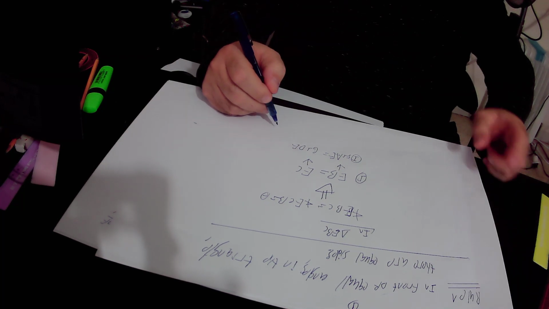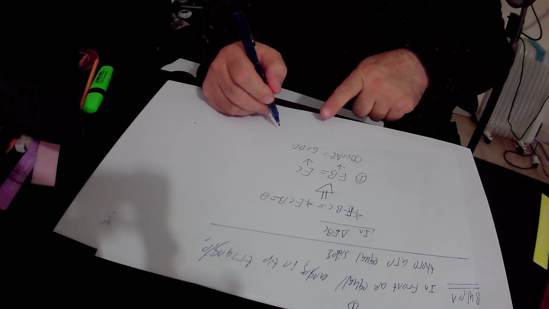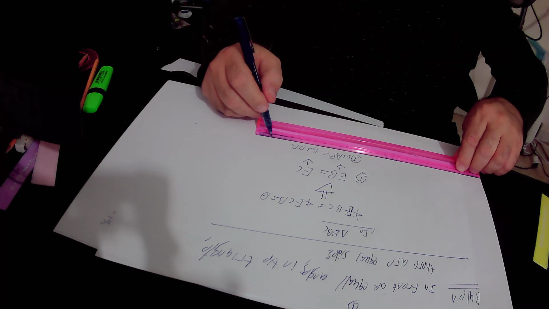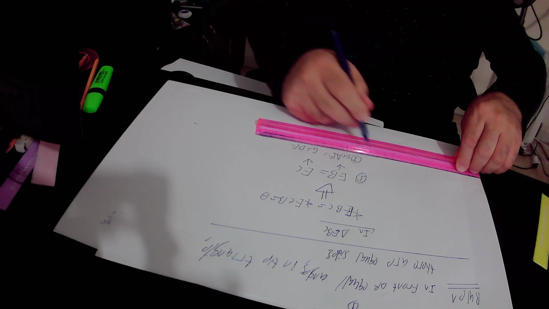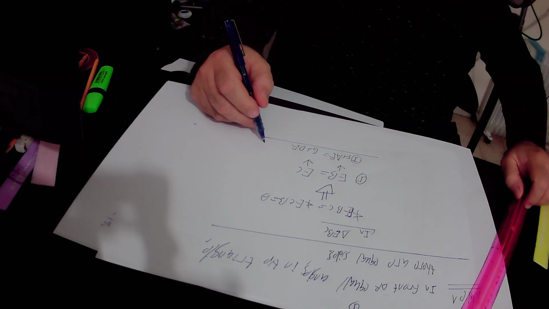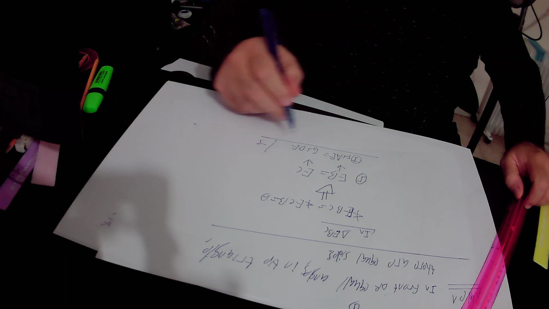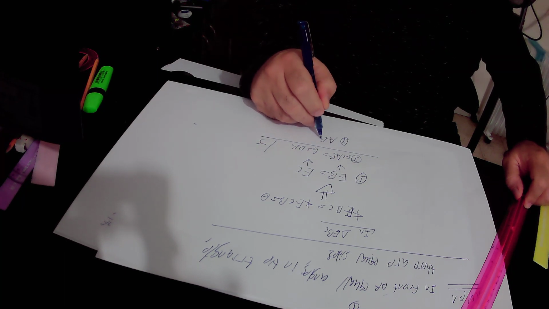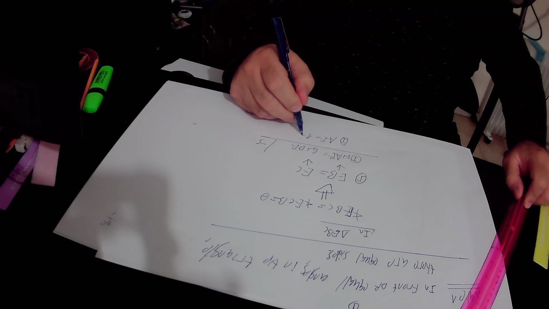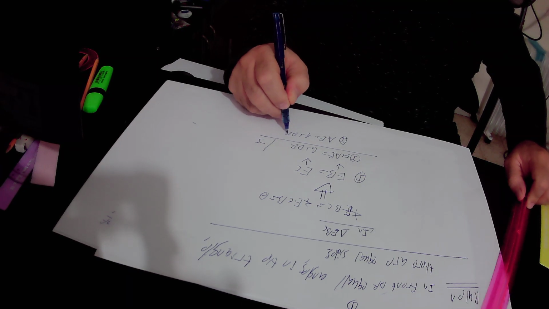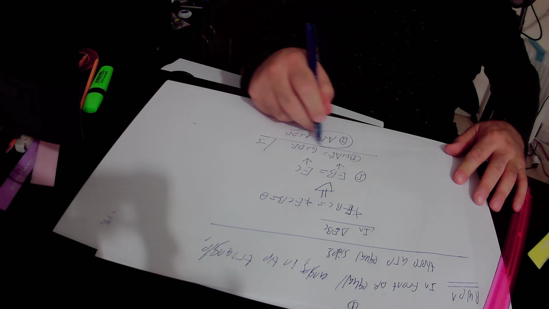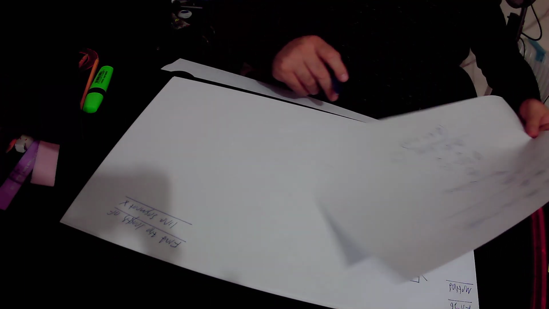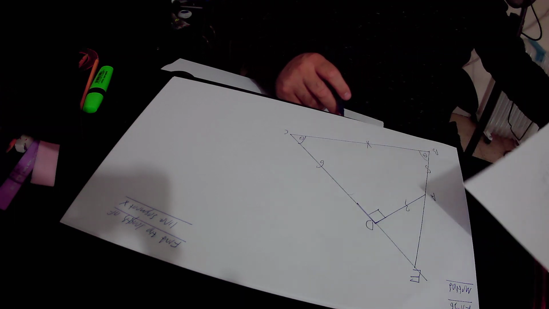So we found that 5 plus AE equals 6 plus DE. According to equation number 1, we'll subtract 5 from this equation, and we get that AE equals 1 plus DE. Again, according to equation number 1, AE equals 1 plus DE.